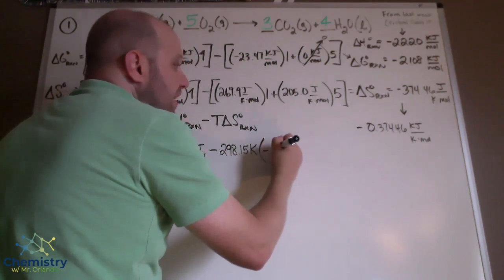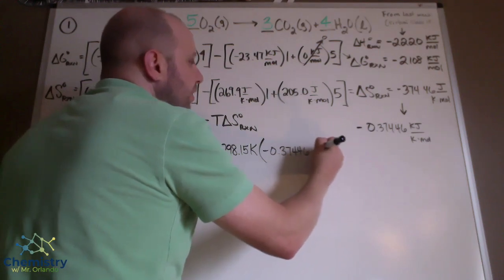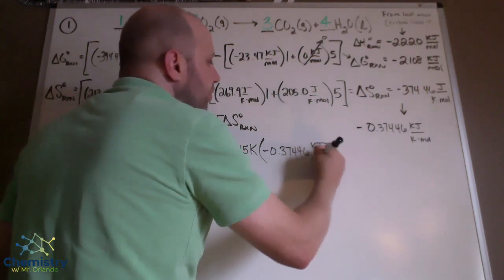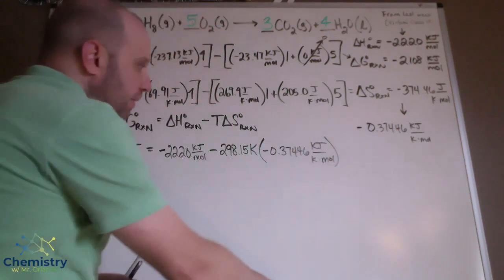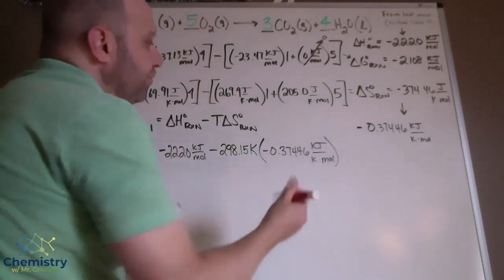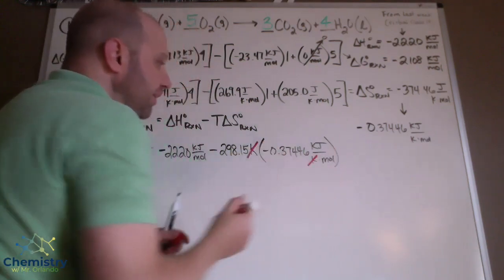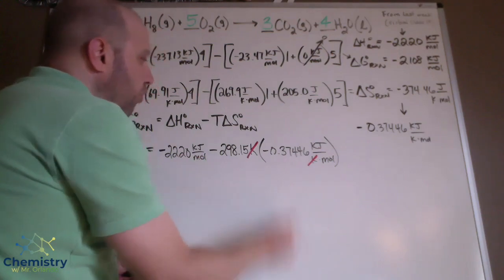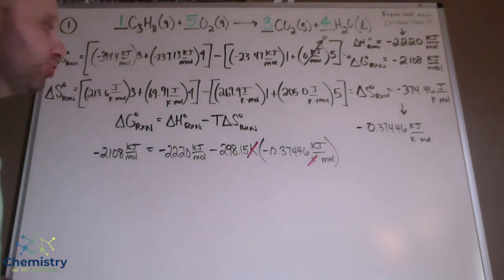So now I'm going to have negative 0.37446 kilojoules per Kelvin mole. And notice how nicely, because we're multiplying the value for delta S by our temperature, the Kelvin here and the Kelvin here drop out. So this overall term has a unit of kilojoules per mole, which allows us to add and subtract.